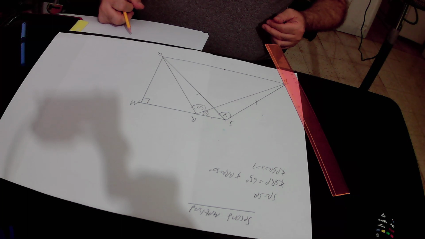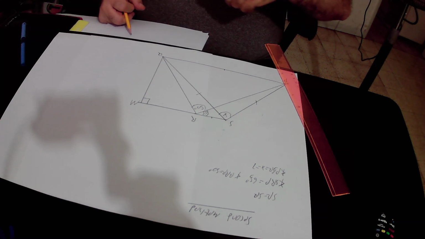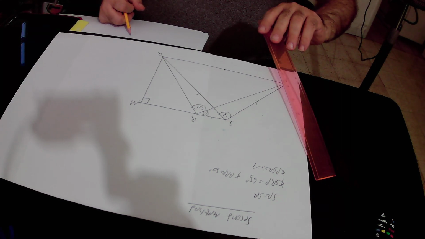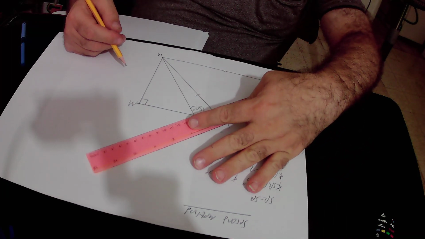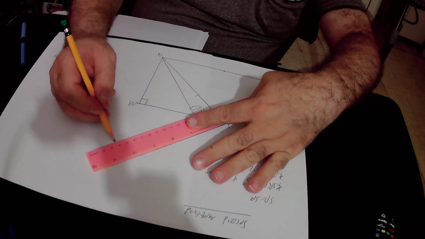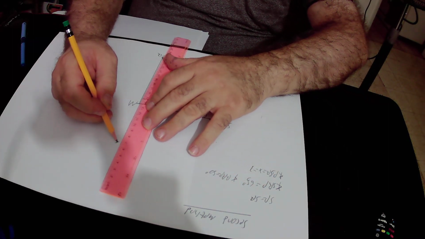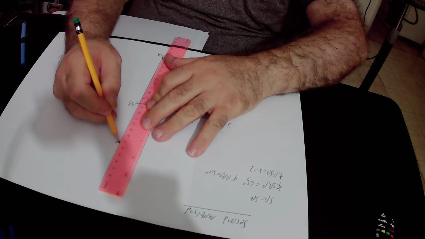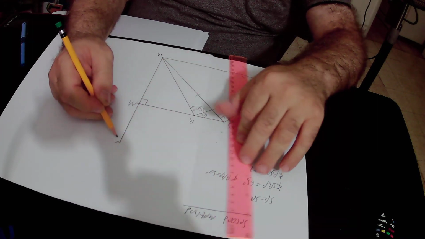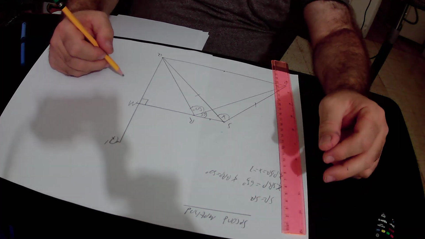In the next step, we will extend the perpendicular QM in such a way that Q dash M will be equal to QM.